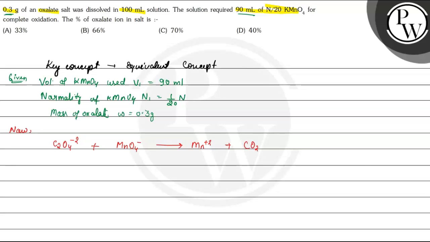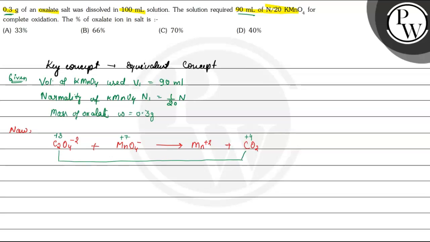If we see the oxidation state of carbon and manganese, the oxidation state of carbon here is plus 3, and of Mn here is plus 7. Here the oxidation state of Mn is plus 2, and of carbon is plus 4. So actually this carbon changes into CO2.